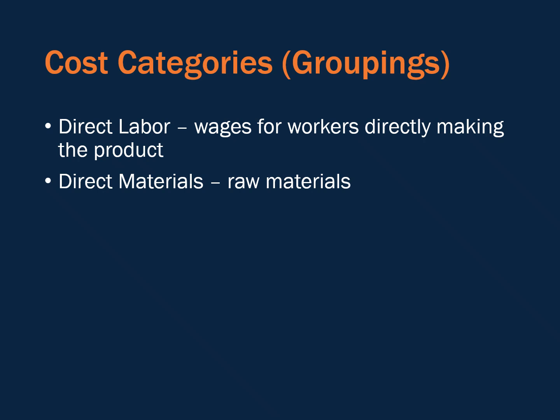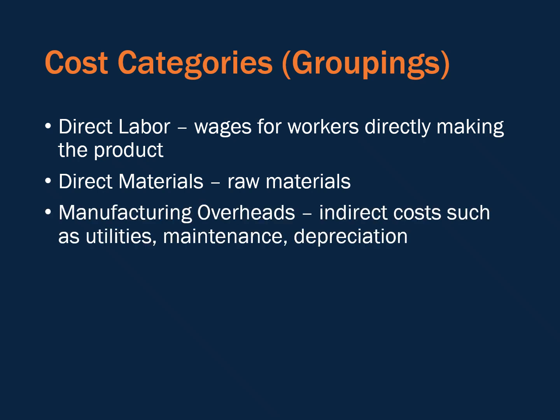Then the third category is manufacturing overheads. Not all costs can be traced directly to the product, and so these costs are considered as overhead costs, and they are usually indirect because you can't trace them directly to the product.